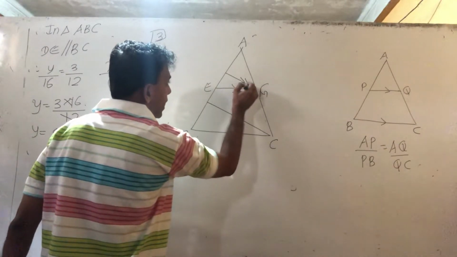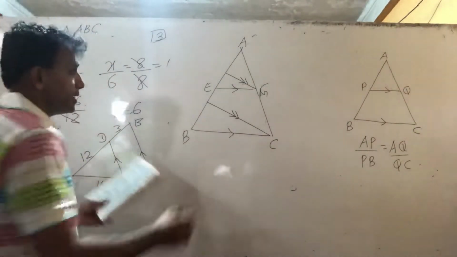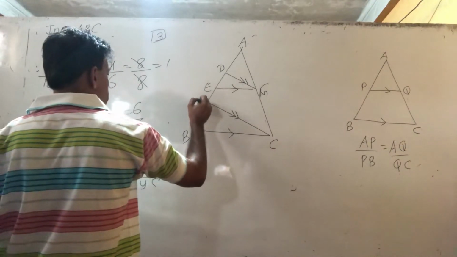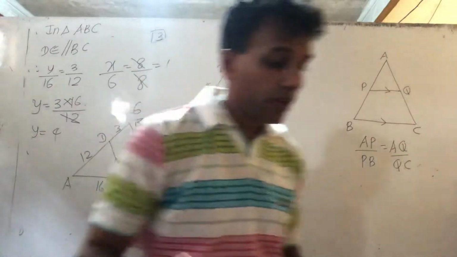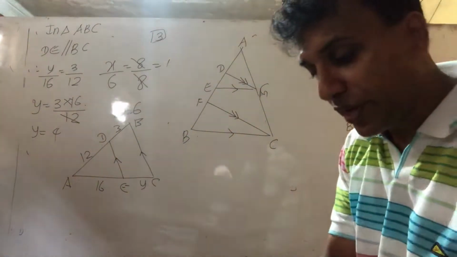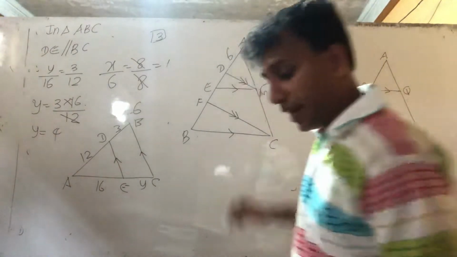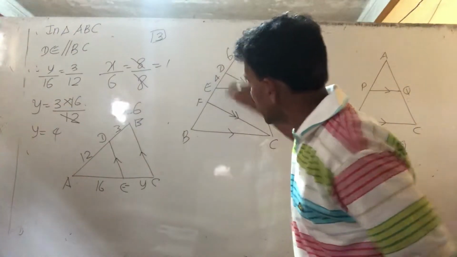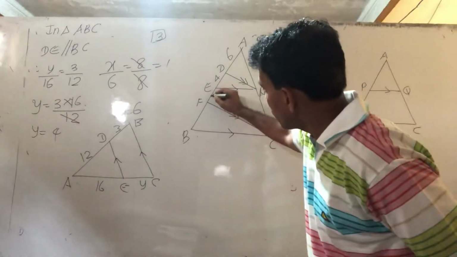The points are D, E, F, and G. In the given figure, there are so many parallels. Read properly and mark the details. AD is 6. DE equals 4. EF is 5.